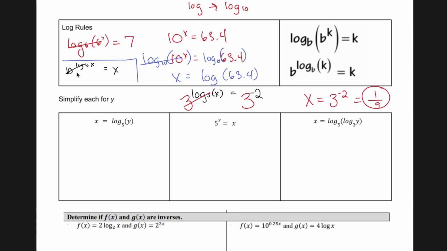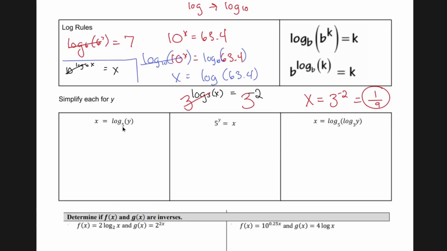Now, if you're looking at what I originally had there in black, for an example like this, and you're thinking, why can't I just write that out using the old rule that I did? Because they get more complicated than this. So we're going to want to think about these rules of how we could solve using the steps that we just learned. So for example, x equals log base 5 of y. How can I write that out?